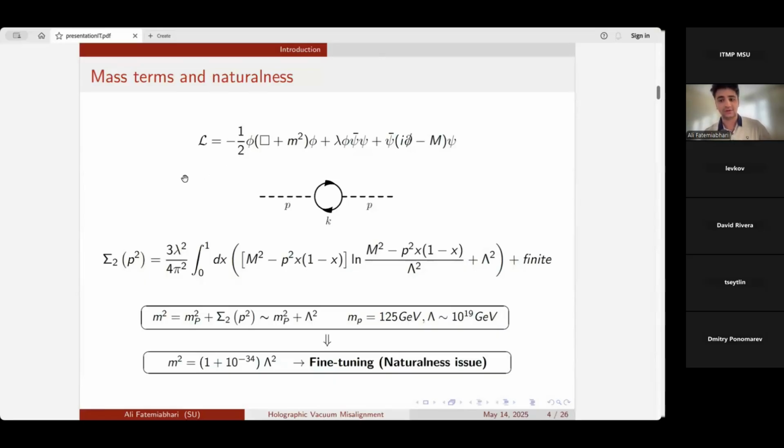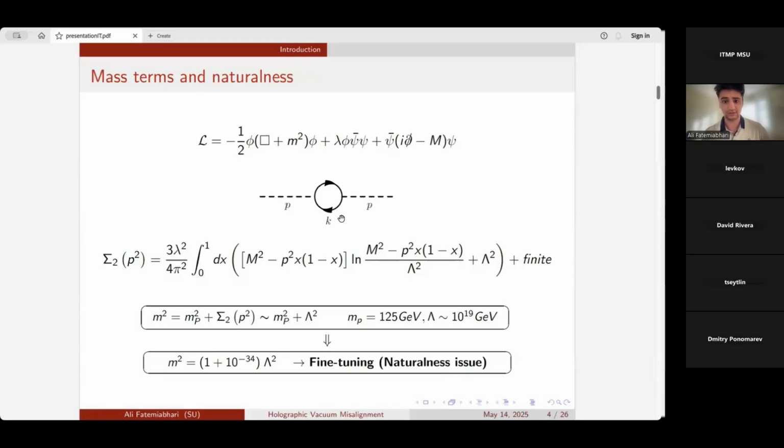So one naturally wants to see what the corrections are to the propagator of this scalar field, or what the corrections to the mass are coming from the quantum corrections as a result of interaction with other fields. The first correction comes from this loop, including the fermion. And this is a straightforward calculation.